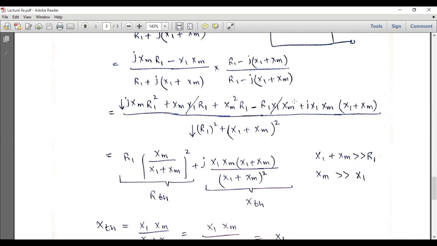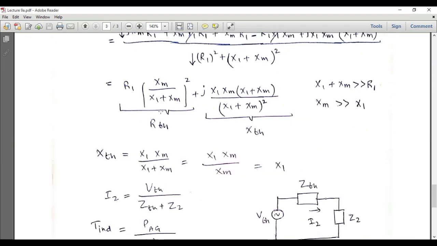These two terms will be cancelled out, and at the end we get only this real part and this imaginary part. This real part corresponds to the R Thevenin, and this imaginary part corresponds to the X Thevenin. Now X1 plus Xm will be cancelled out with this square and we will get X1 Xm divided by X1 plus Xm.